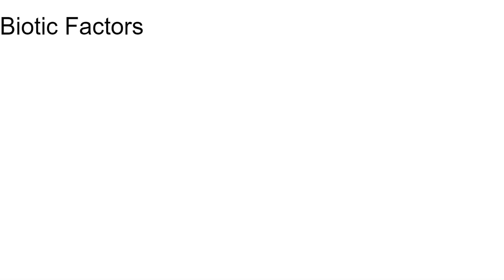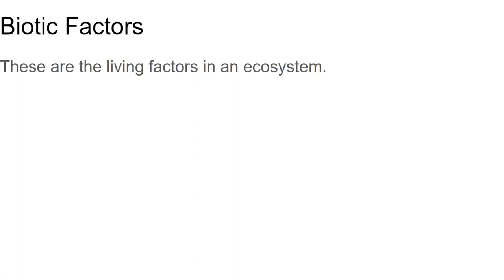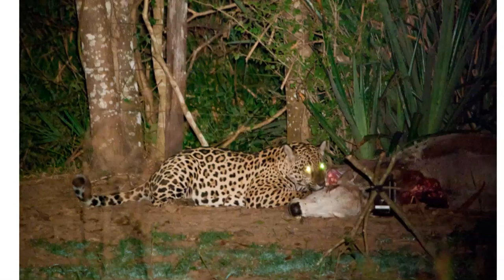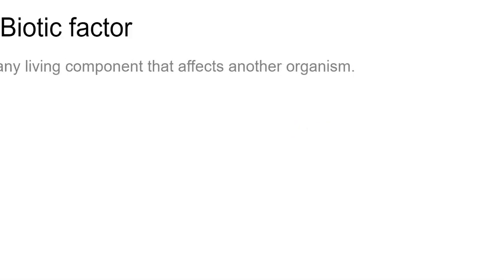Can it catch the seals, can it catch the fish, or are there fish, are there seals? Biotic factors are the living factors in the ecosystem, and ecologists are also very much interested in them. And there we see an example of predation, where a jaguar has killed a cattle. So we have an example of biotic factors in an ecosystem.